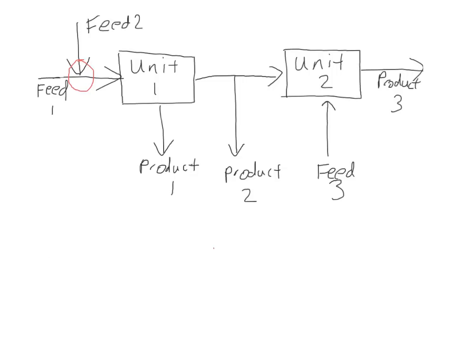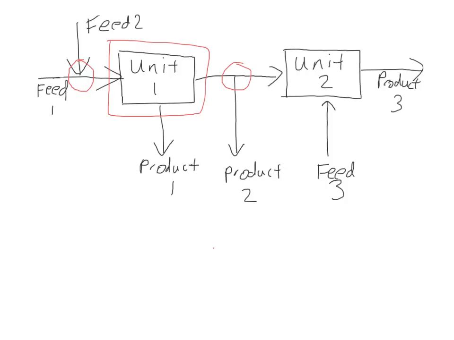For instance, I can draw a boundary around this point right here and consider what goes in at that separation junction. We have this coming in and these two streams coming out, and again I can write a material balance of inlet versus outlet for the total balance and also for each of the components. I can write out a material balance around unit 1.